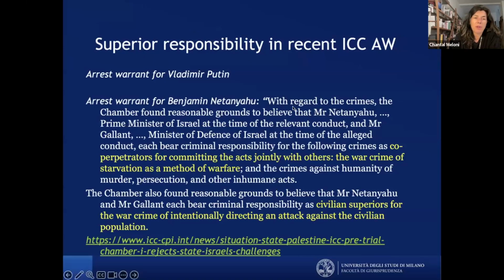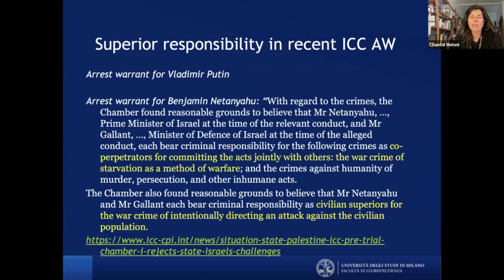In the press release issued by the ICC Pre-Trial Chamber on the 21st of November last year, it is said that with regard to the crimes, the chamber found reasonable grounds to believe that Mr. Netanyahu, the Prime Minister of Israel at the time of the relevant conduct, and Mr. Gallant, Minister of Defense of Israel at the time of the alleged conduct, each bear criminal responsibility for the following crimes as co-perpetrators for committing the acts jointly with others: the war crime of starvation as a method of warfare, and the crimes against humanity of murder, persecution, and other inhuman acts.